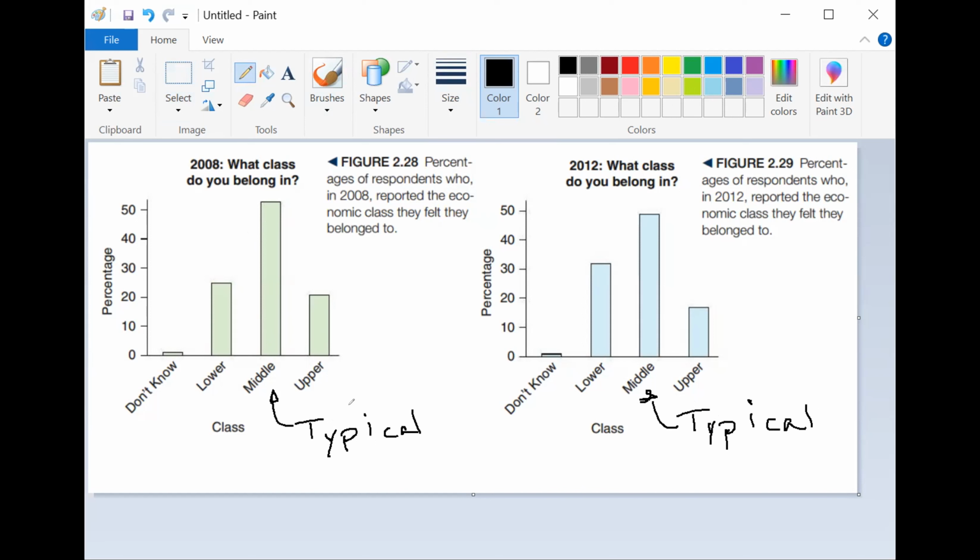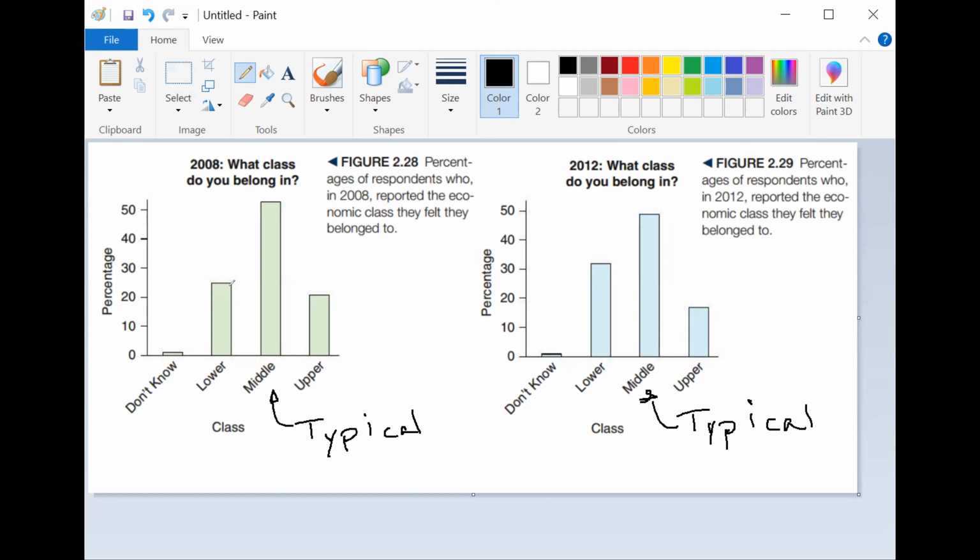One piece of information you could use in your study is how tall the modes are. In 2008, the mode looks slightly above 50%, and in 2012, the mode was slightly below 50%. That's a piece of information you might want to convey when analyzing this. It shows that the middle class has decreased in size from 2008 to 2012.